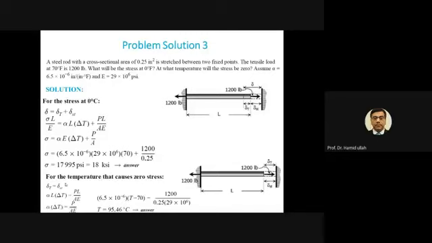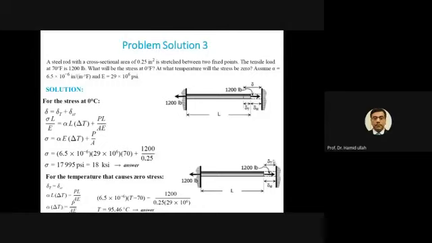From the right side figure you can see both are equal. Basically the body wants this much elongation, but the support does not allow it. So both will be equal in this case.